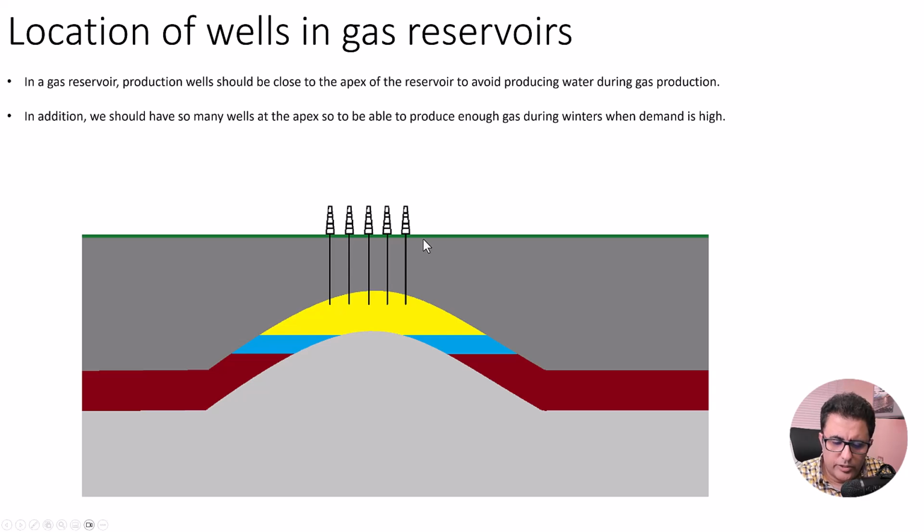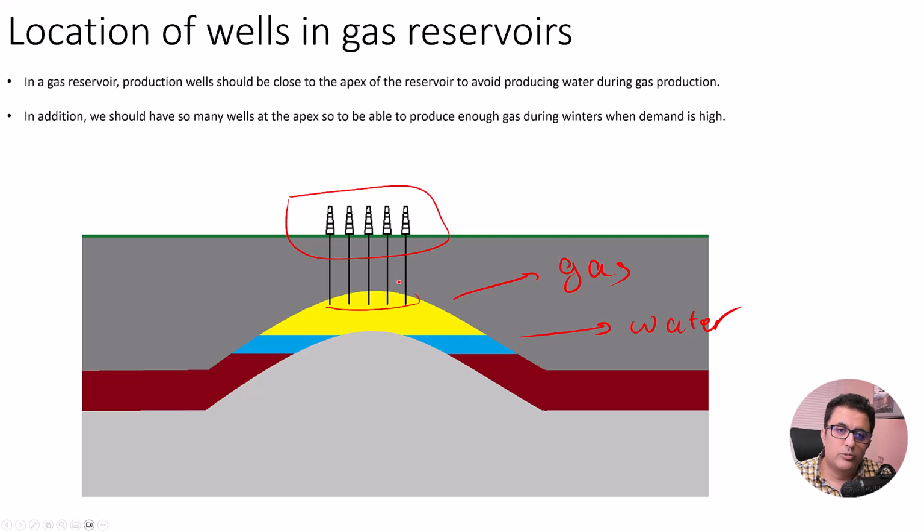What you see here is a schematic of a gas reservoir. Yellow means the gas zone, and the blue is the aquifer or water. So as you see here, we should drill so many wells, and the location of the wells should be close to the apex of the reservoir, away from the aquifer, because we don't want to produce water during production.